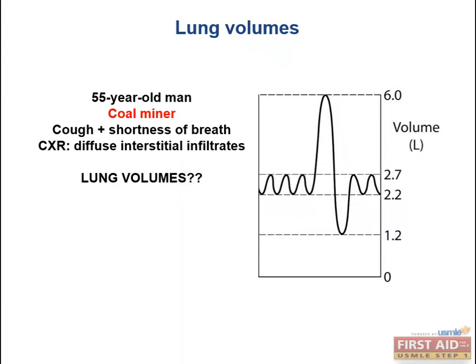Well, this is likely a case of anthracosis, or coal miner's lung. As we'll discuss in more detail soon, this is a pneumoconiosis and a restrictive lung disease, and it is typically characterized by decreased lung volumes, including FVC and TLC. In obstructive lung disease like COPD, you see increased RV at the expense of less FVC because of air trapping.